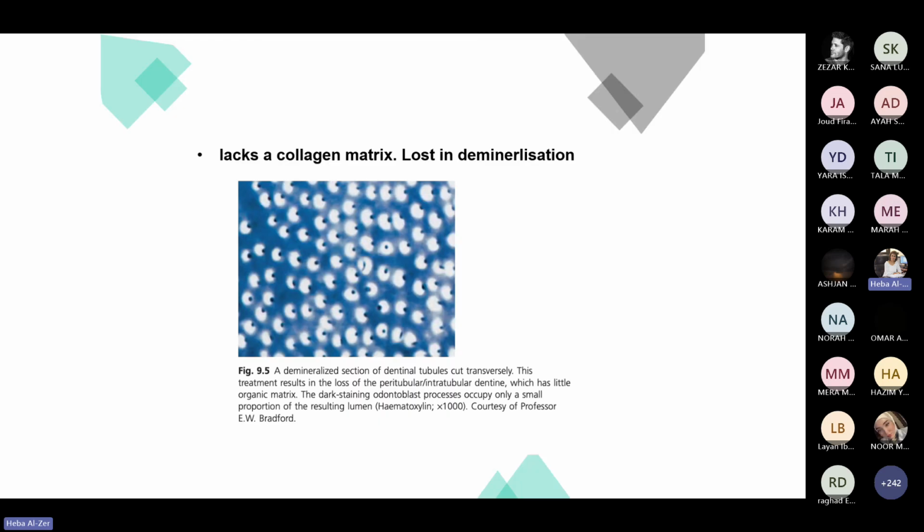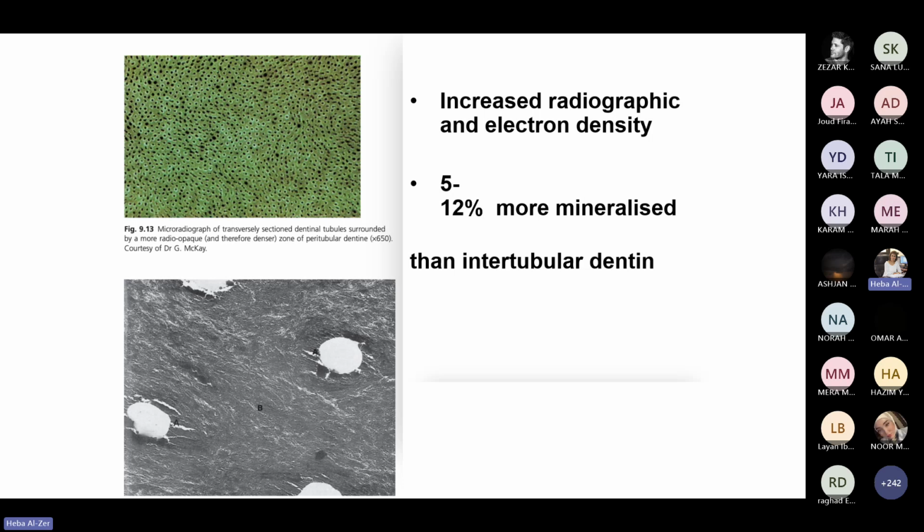And that's why when we have demineralized sections, all of it is gone away. All we see is the odontoblastic processes inside and the collagen matrix of the intertubular dentine. In micrographs, microradiographs, or under the electron microscope, you can see that the peritubular dentine looks like white circles that is different from the intertubular dentine.